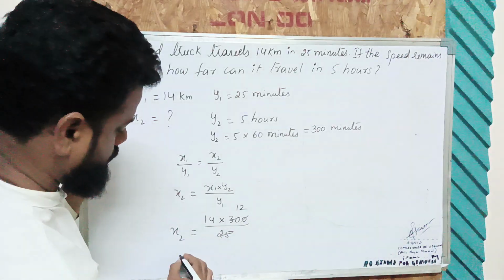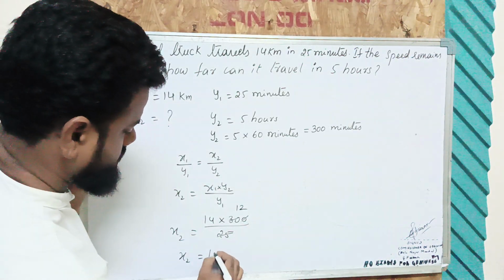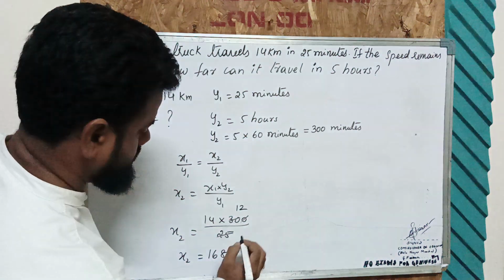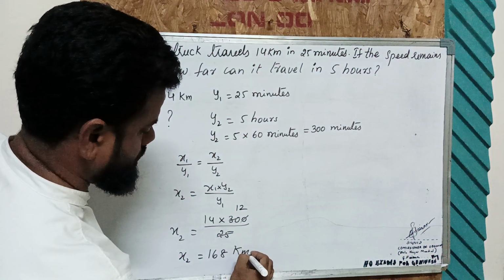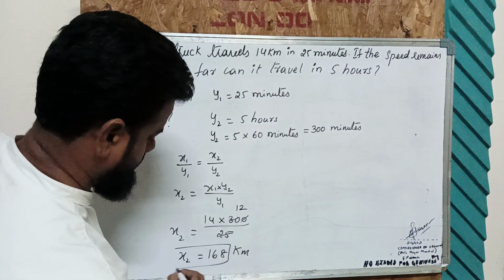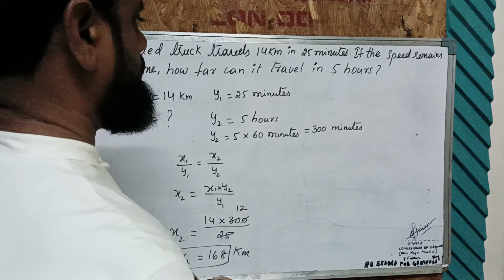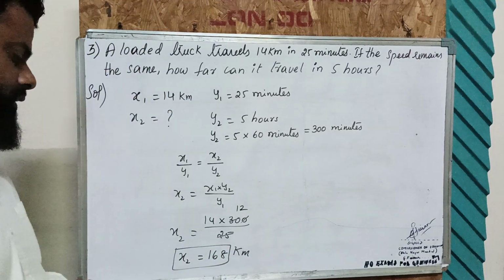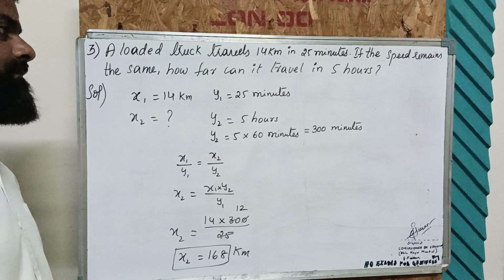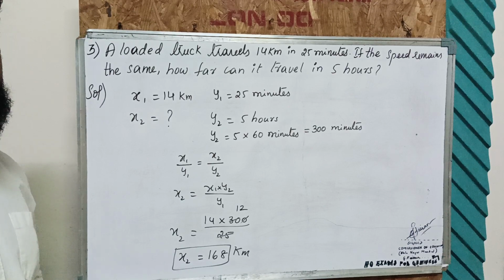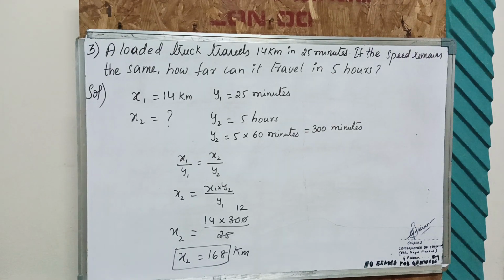So 14 into 12, that is 168 kilometers. That means it can travel 168 kilometers in 5 hours. Let's make a note of this.